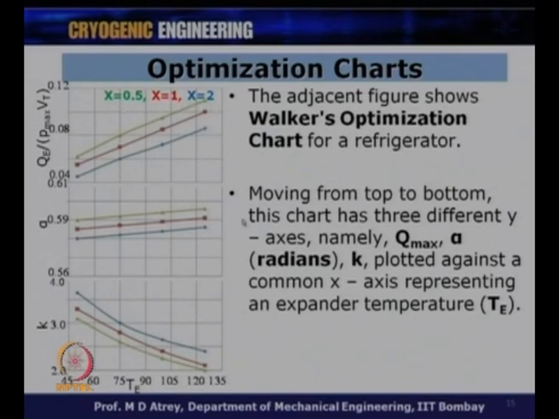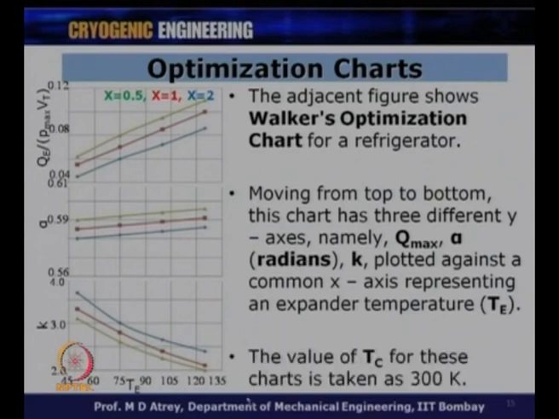So, what parameters do you see here? X, K and alpha, and also the value of Q max obtained against the temperature of my interest. So, Walker's charts basically give parameters K, X and alpha for different cold end temperatures, and against that what you obtain is the value of Q max. This is what Walker's chart gives us.